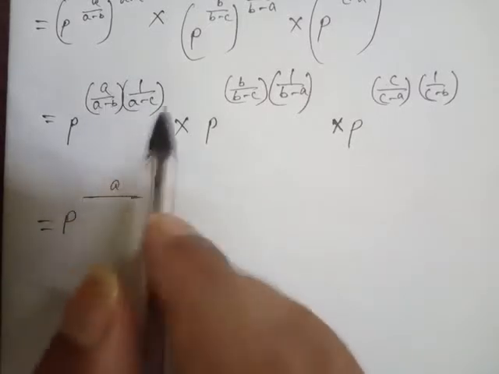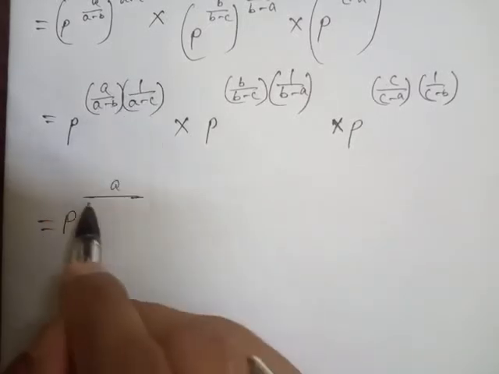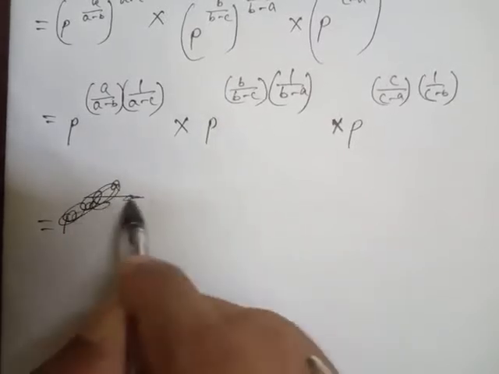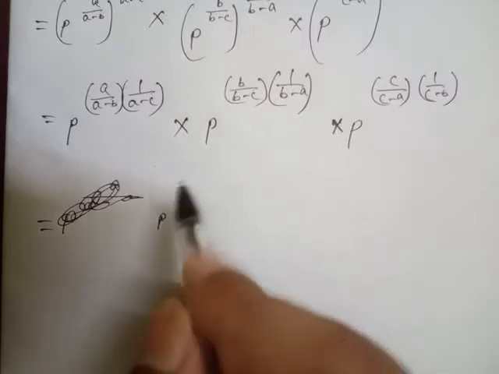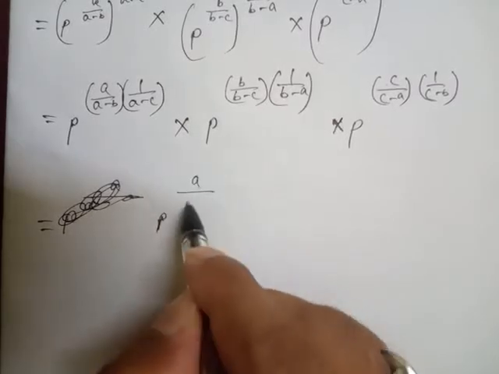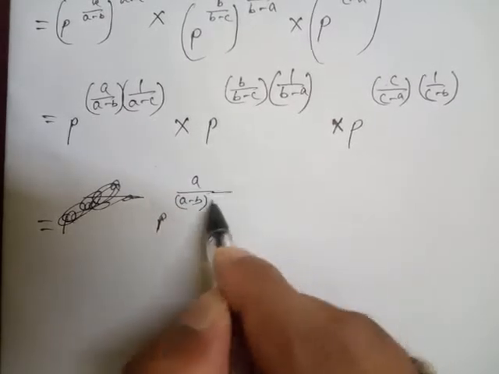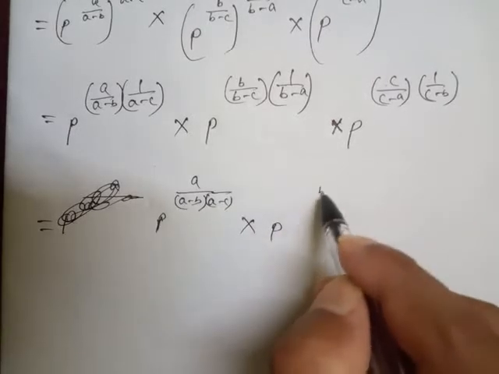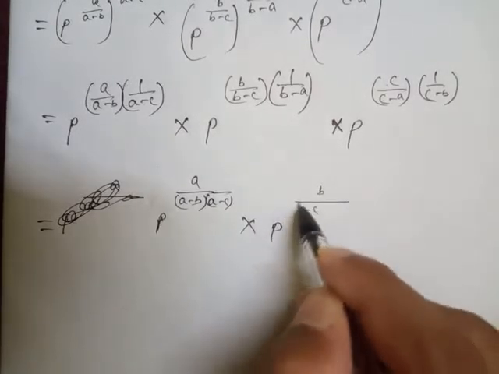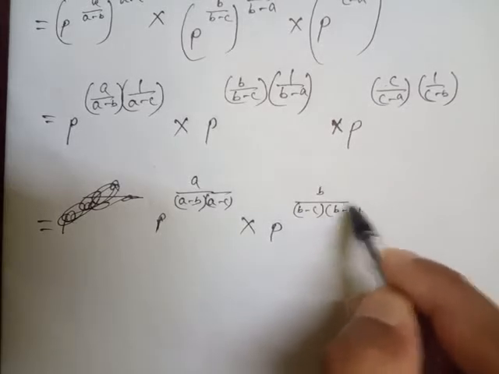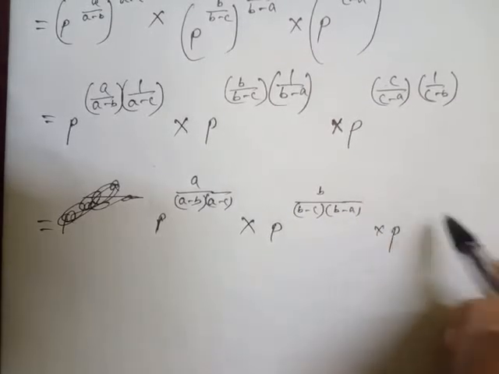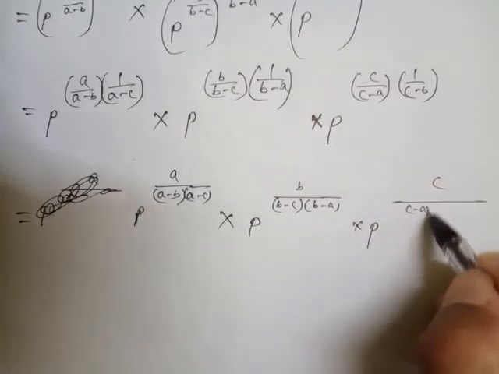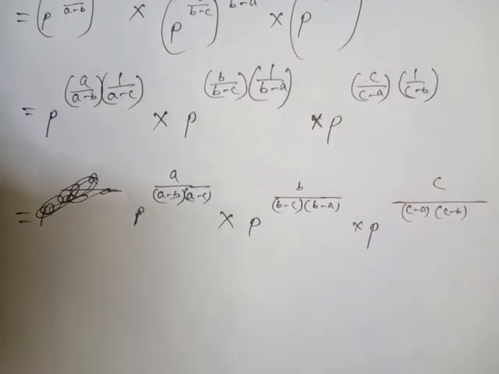Directly we can write p to the power a by (a minus b)(a minus c), into p to the power b by (b minus c)(b minus a), into p to the power c by, look here now, (c minus a)(c minus b).